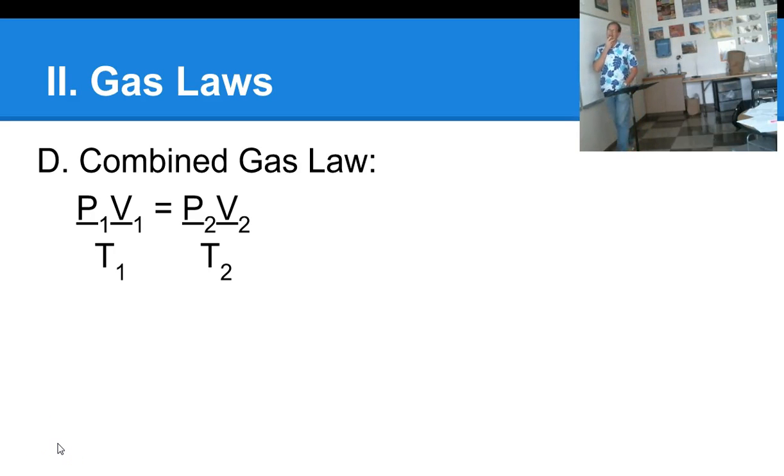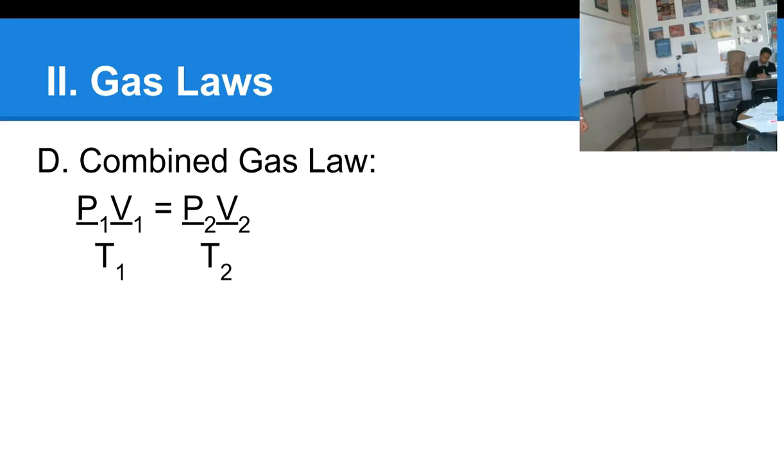Okay, the combined gas law. This takes Charles and Boyle and Gay-Lussac and throws them all into a paper bag and shakes it up and comes up with one law. If you remember Charles' law, it's volume and temperature. Gay-Lussac's law is pressure and temperature.